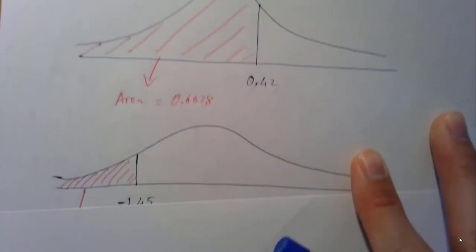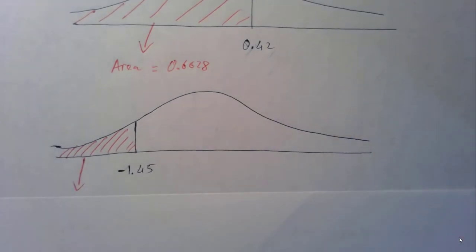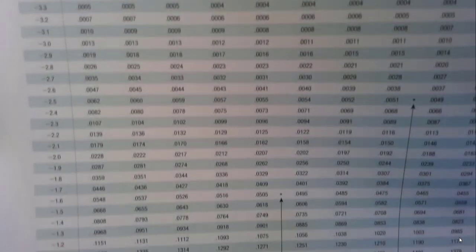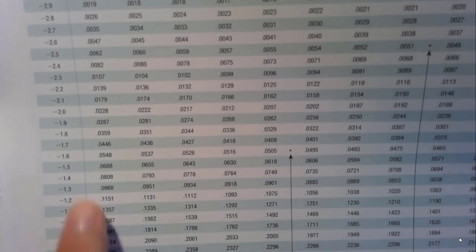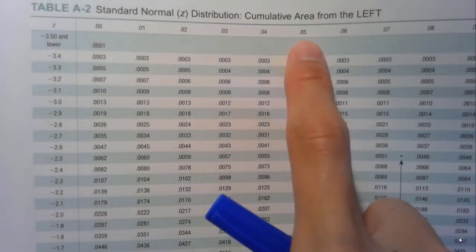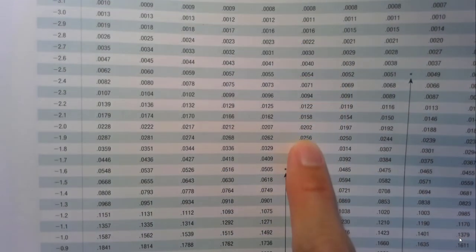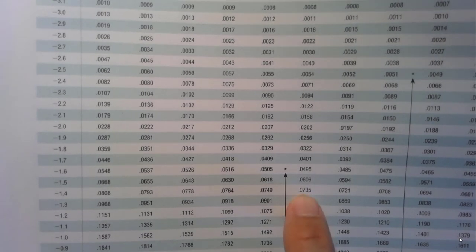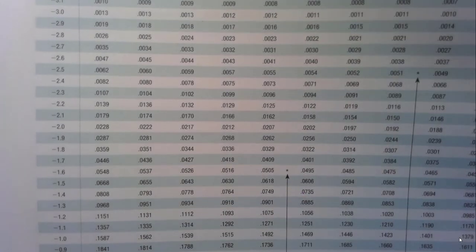And then we do the same thing for negative 1.45. This is a negative z-score, so we have to use the negative table. Minus 1.4 is right here, and we need another 0.05, so we look in the 0.05 column and go all the way down to negative 1.4. That should be 0.0735.